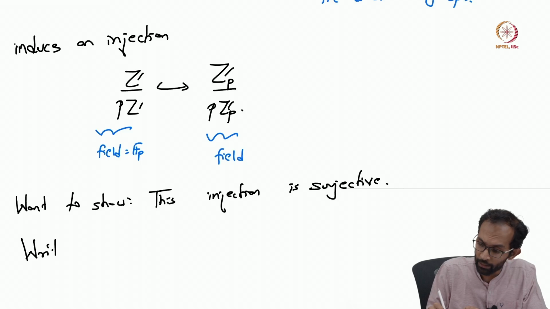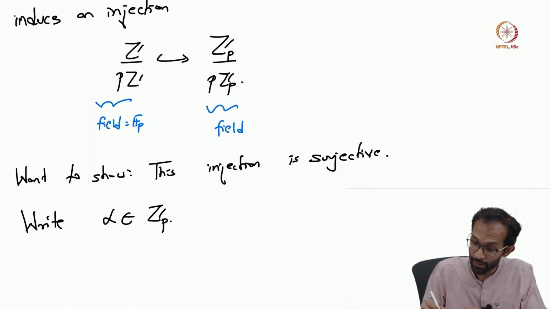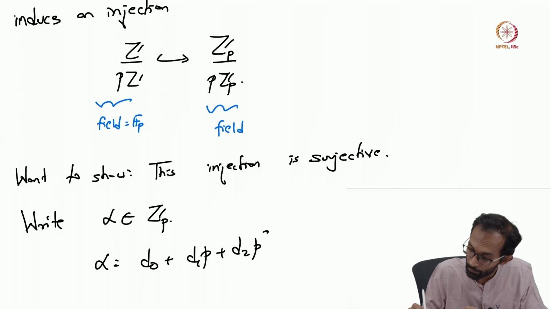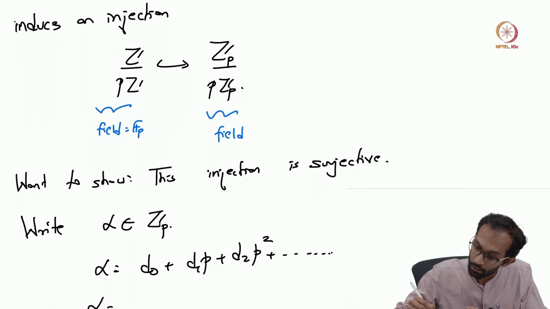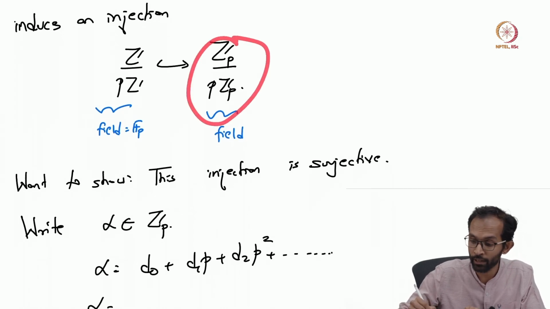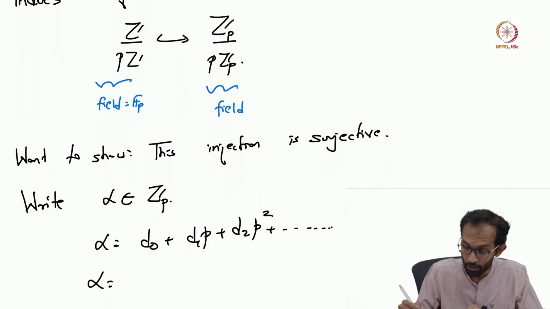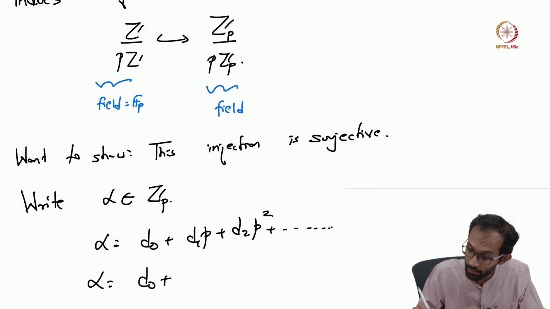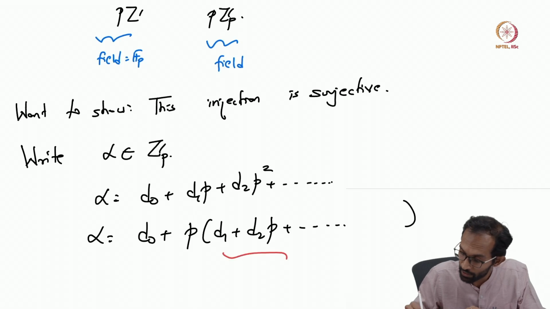So you take an arbitrary element alpha in Zp and write its p-adic expansion as d0 plus d1 p plus d2 p squared, and so on and so forth. But I'm only interested in alpha modulo pZp, so I only care about things up to elements in pZp. So you can write alpha as d naught, and now you collect the powers of p: p times d1 plus d2 p plus so on. Let's call this new expression beta.